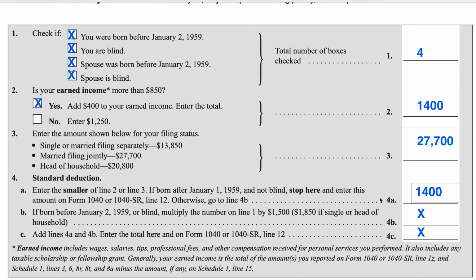If you were single or head of household, then you would multiply it by 1,850. So in this case, we're going to multiply the 4 by 1,500, and we get $6,000. Now we're going to add those lines together, and that's the standard deduction that you would enter on your Form 1040 or your 1040 SR.